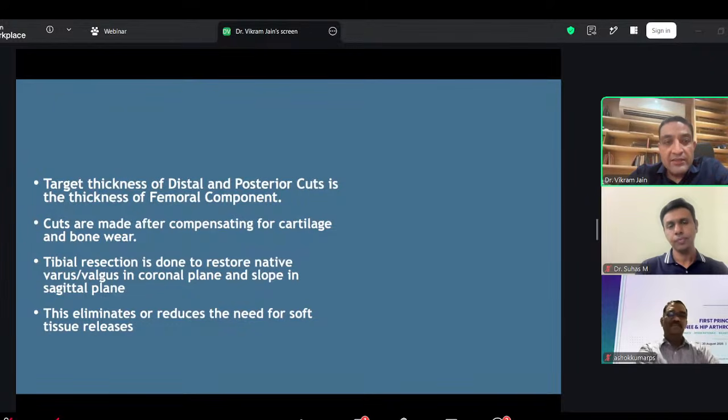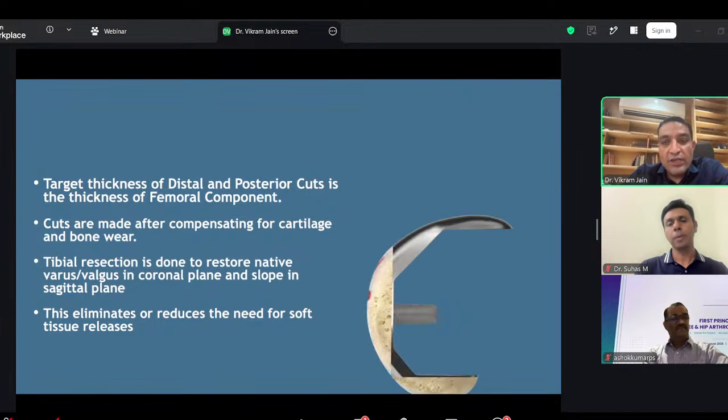Now, the target of the cut is the thickness of the distal and the posterior of the implant. For any standard implant, let's say for this implant, it is a 9 millimeter distal thickness and 9 millimeter posterior condylar thickness. And this is the amount of bone that you want to remove on the femur with your saw.